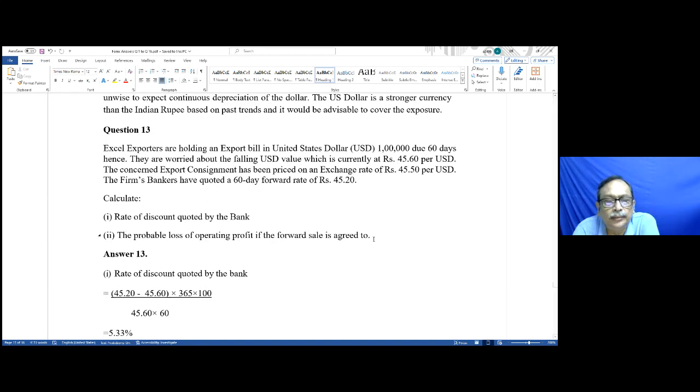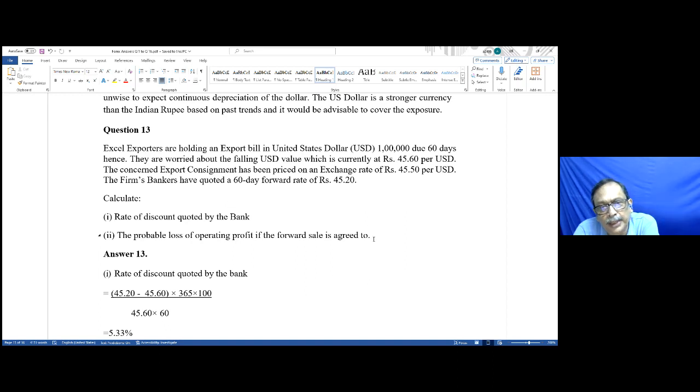Excel exporters are holding an export bill in United States dollar 1 lakh due 60 days hence. They are worried about the falling USD value, which is currently at rupees 45.60 per USD.